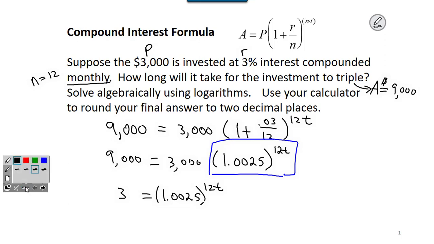So I have that 3 equals 1.0025, that entire thing raised to the 12t. Now that I have this exponential by itself, the next thing I'm going to have to do is get this t out of my exponent.